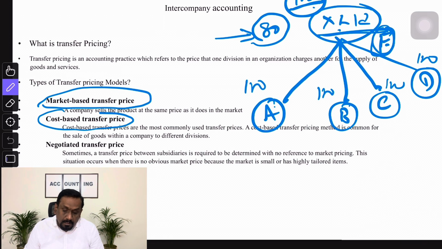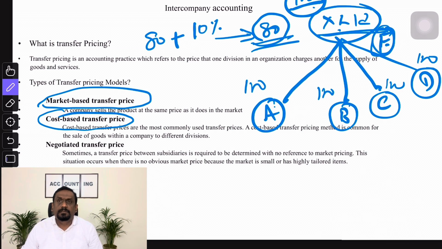Second one, cost-based transfer price. What is the cost of this F product? 80 rupees. If it sends at 80 rupees to A, B, C, D, X will not get any margin. So what X Limited will do is 80 rupees cost plus, maybe, 10%. This is called the cost plus model.